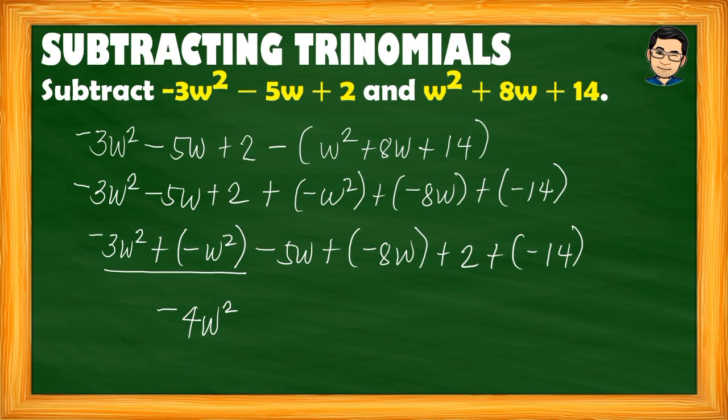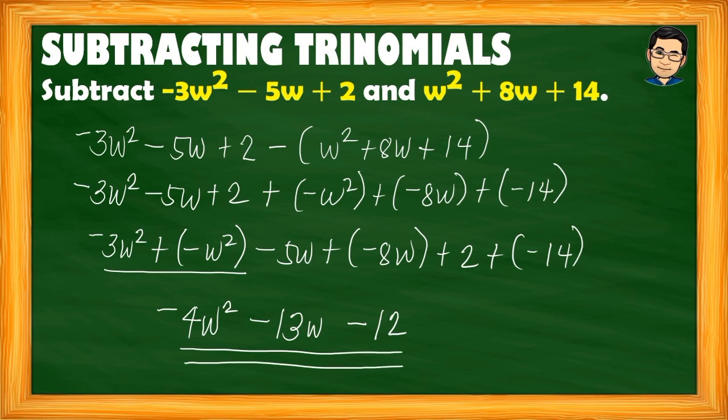Next, negative 5w plus negative 8w, that is negative 13w. And then, 2 plus negative 14, that is negative 12. So, that is how you subtract polynomials horizontally.